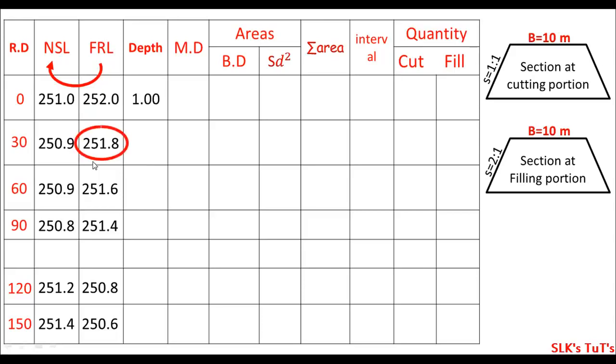And again, 21.8 minus 20.9 equals 0.90. And so on. 21.6 minus 20.9 equals 0.7. And here this one, 20.8 minus 21.2 equals minus 0.4.